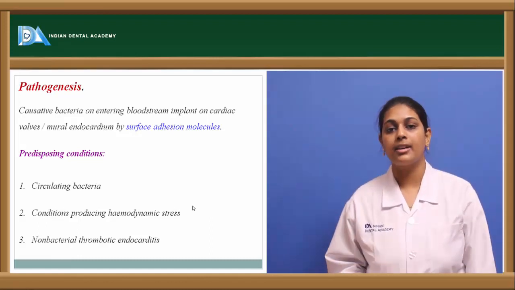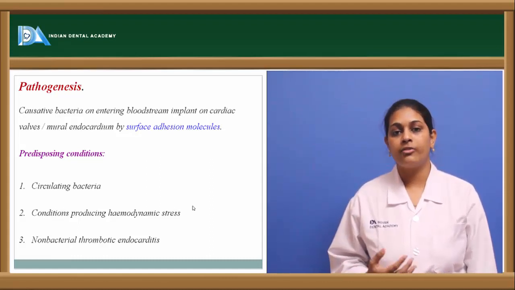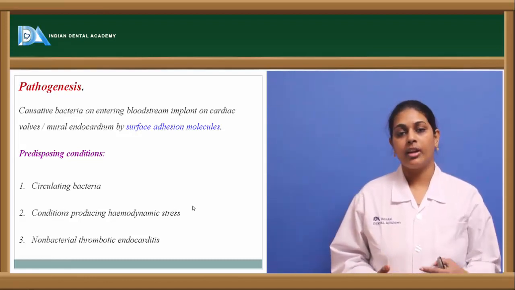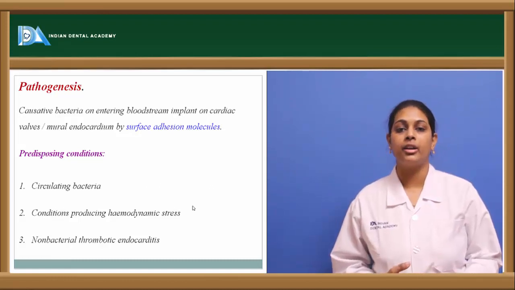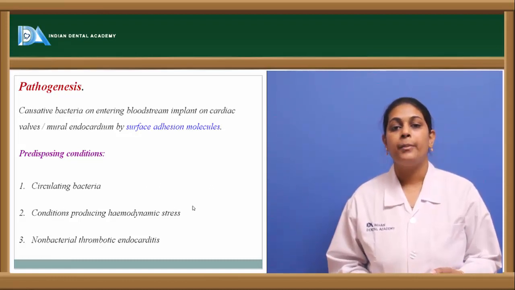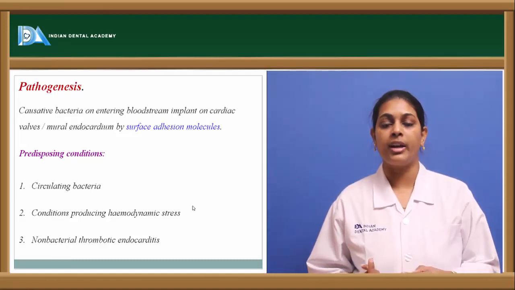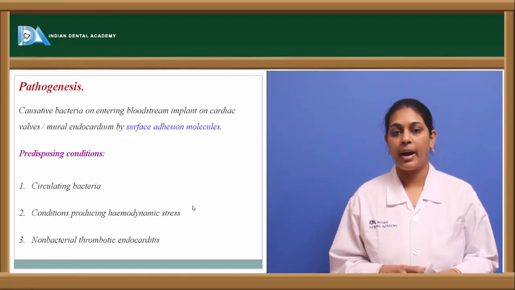Next are the conditions which produce hemodynamic stress, such as a cardiac output overload on either of the ventricles or any increased cardiac output, which might ultimately cause hemodynamic stress. Because of this hemodynamic stress, there will be formation of platelet fibrin thrombi, which can also act as a predisposing factor for the circulating bacteria.